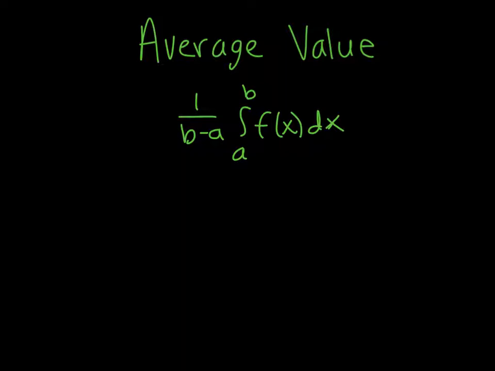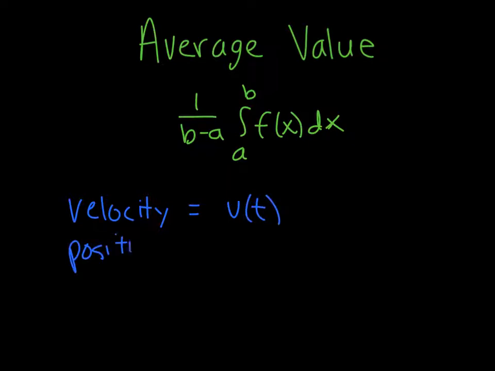So if you have, let's say that velocity equals v of t, and position equals x of t, right? And you want to find the average value of velocity.